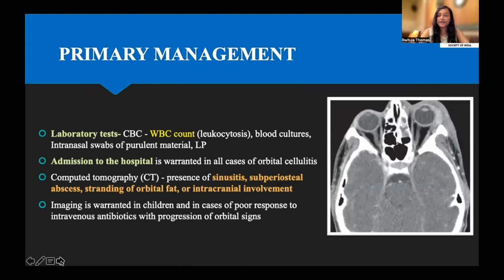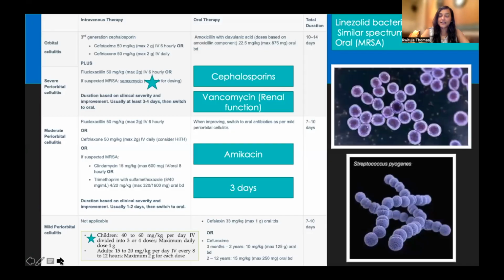So once you suspect this, get a WBC count done, get the blood cultures done, intranasal swabs if indicated, admit the patient, and review the CT orbit. So look for sinusitis, subperiosteal abscess formation, orbital fat stranding, intracranial involvement, and imaging in children is controversial but is warranted if there is poor response to antibiotics or progression of the orbital signs.